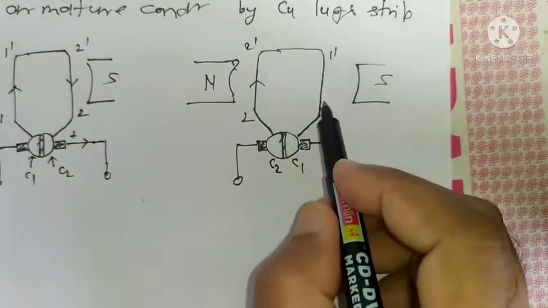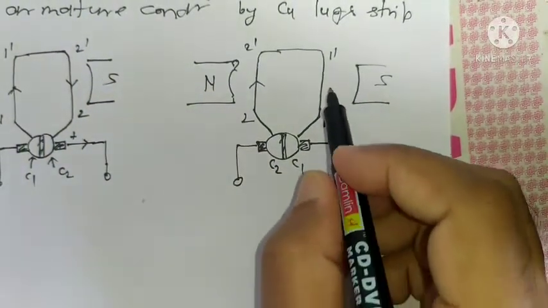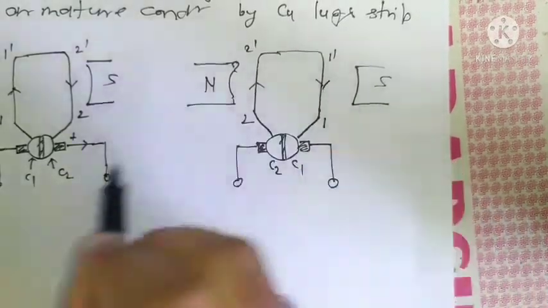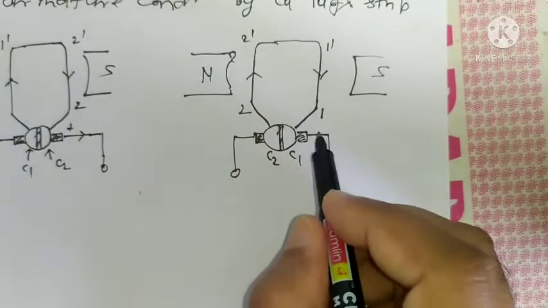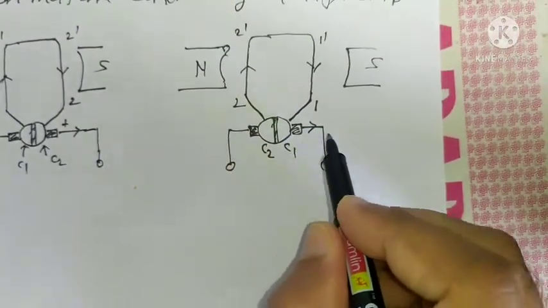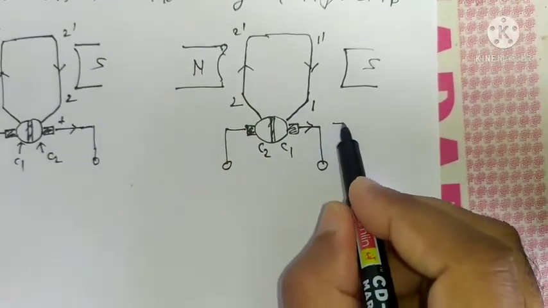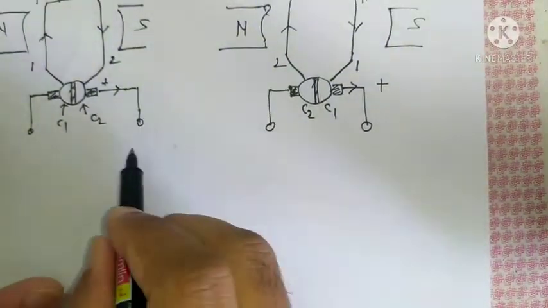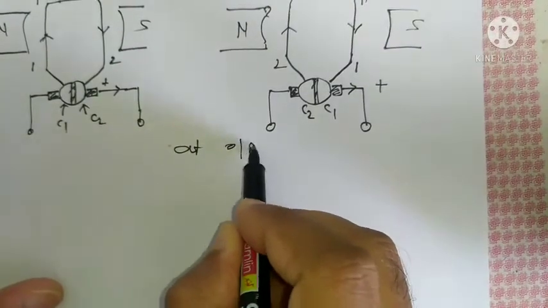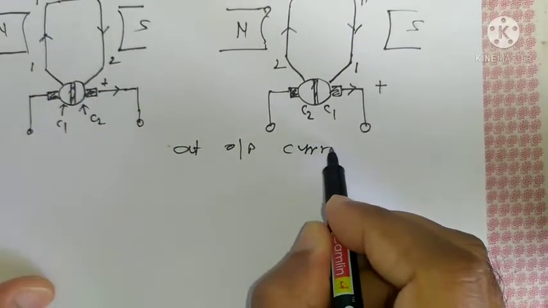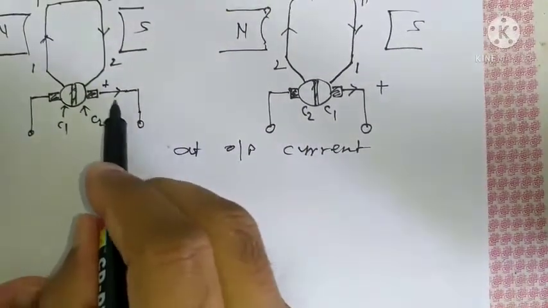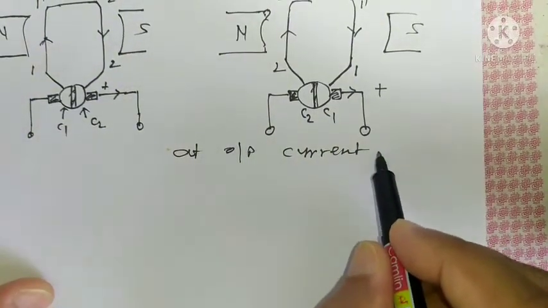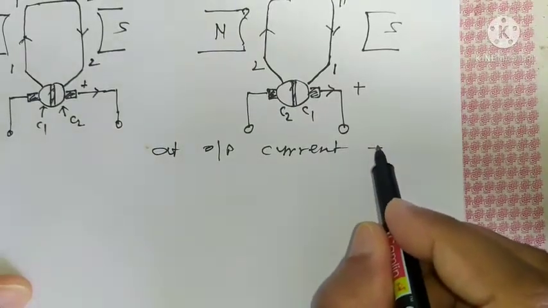So here the coil side under the south pole is 1 dash 1, so current will be downward. So the current direction coming out of this brush is the same, right? At the output, current direction you can see coming out from this terminal, and here also, that is, at output current is DC.